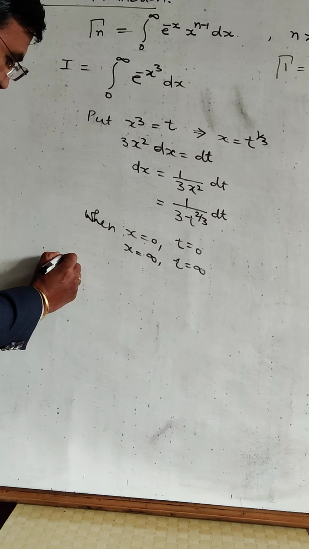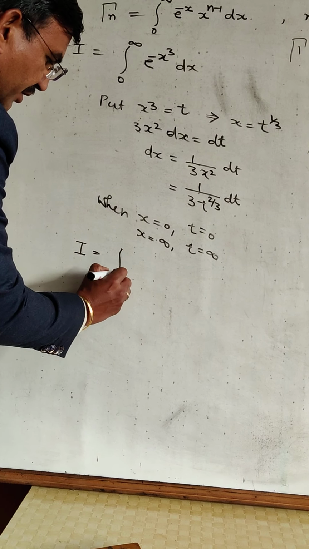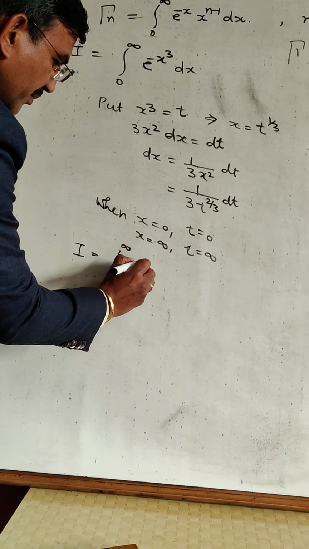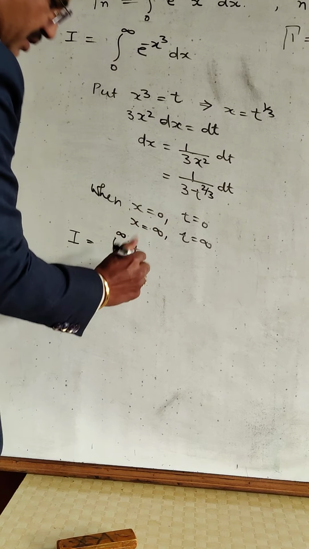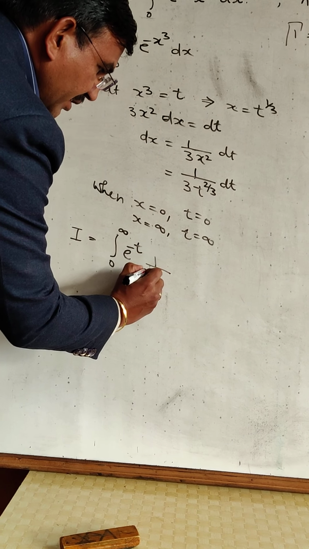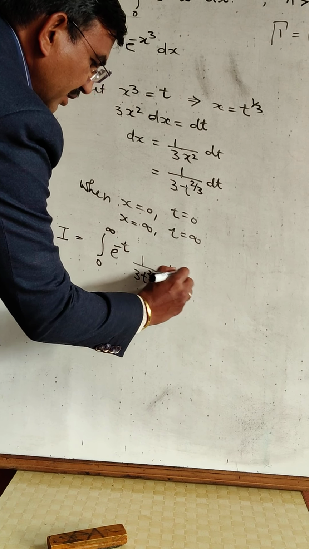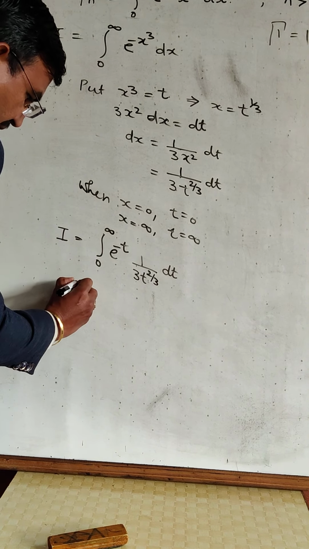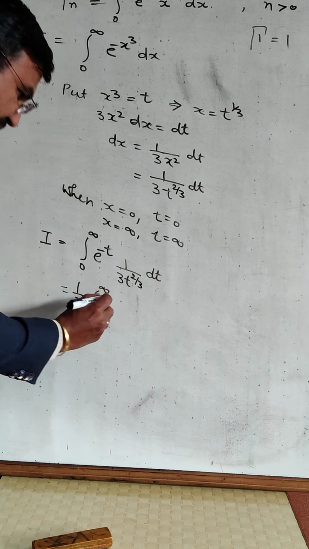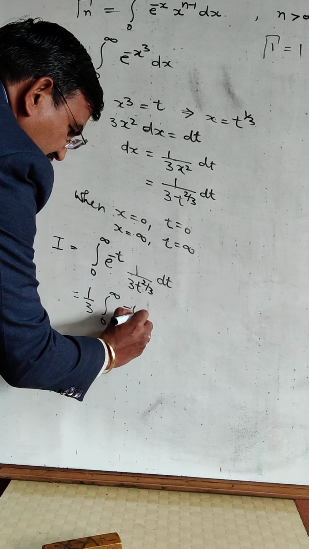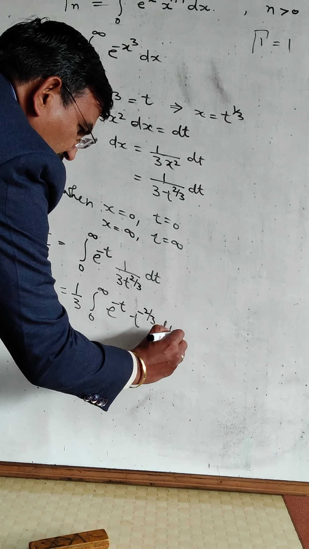Now our integral would be 0 to infinity e raised to the power minus t, then dx is 1 by 3 t raised to the power minus 2 by 3 dt, and it would become 1 by 3 integral 0 to infinity e raised to the power minus t, t raised to the power minus 2 by 3 dt.